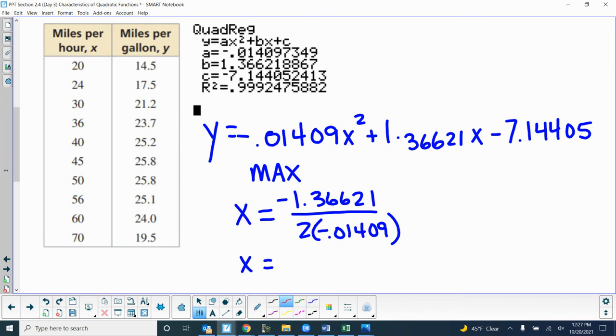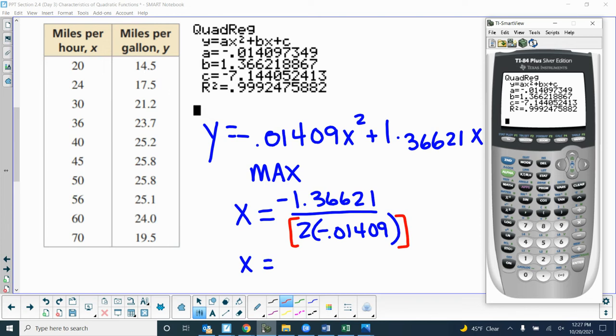And remember, you should add an extra set of parentheses there. If not, it'll divide by 2 and then multiply by that, instead of dividing by that whole thing. So negative b divided by, and then put that in parentheses, 2 times negative 0.01409, like that.